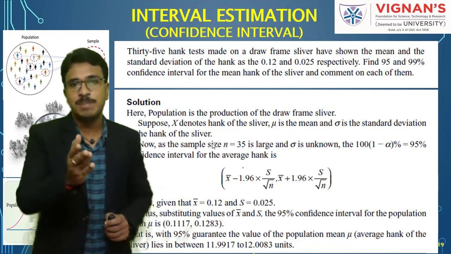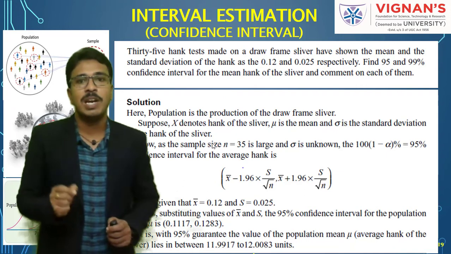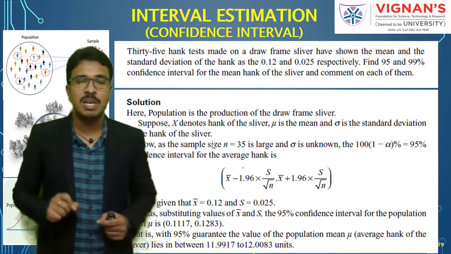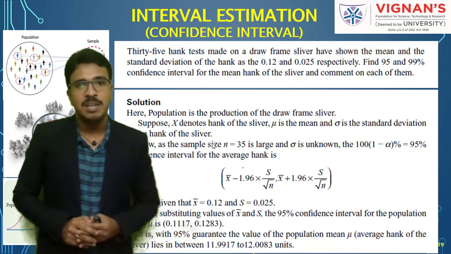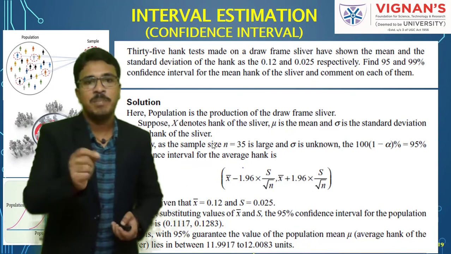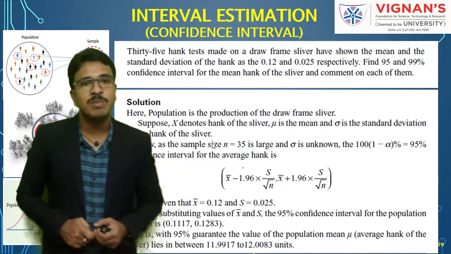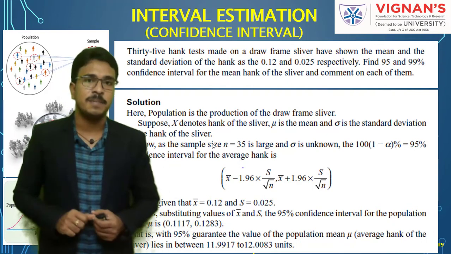Now you can see the x bar value given in the problem is 0.12, and the capital S value is 0.025. If you substitute all the values in the formula and simplify it, the population mean mu lies between 0.1117 comma 0.1283.